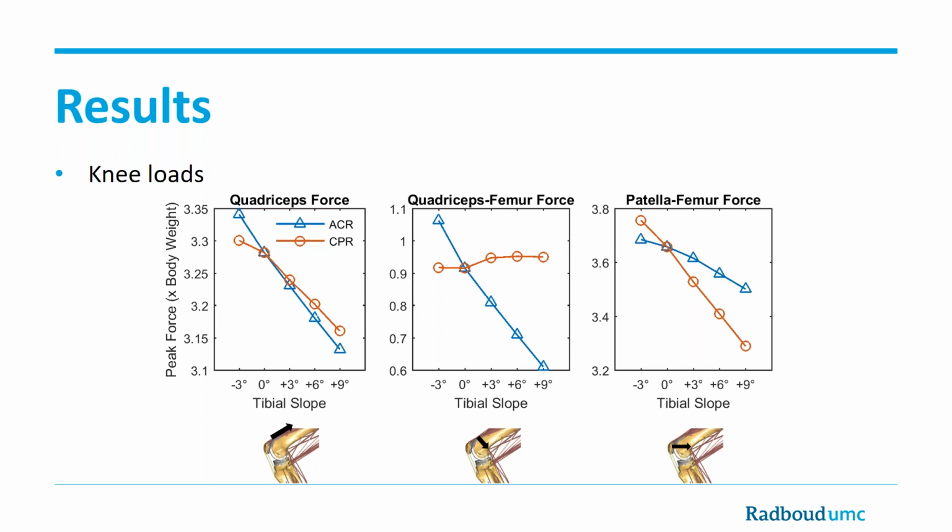As a result of this, the patellofemoral force with CPR is reduced much more than with the ACR when the tibial slope is increased. So we think that reduction of patellofemoral force in this patient could be highly beneficial because it helps reduce stress on the patellofemoral joint and therefore pain.